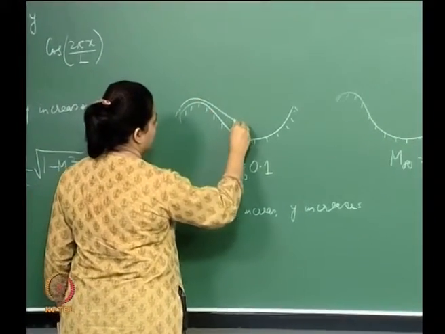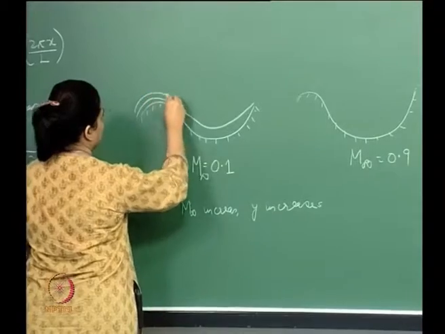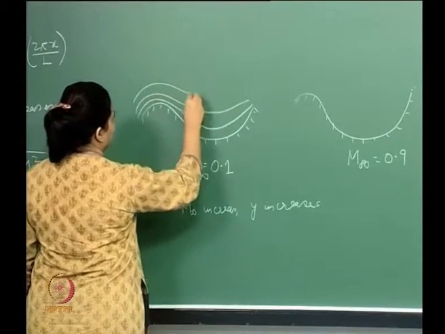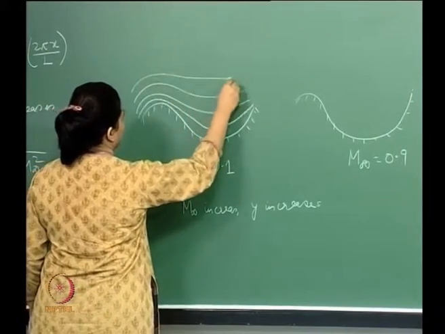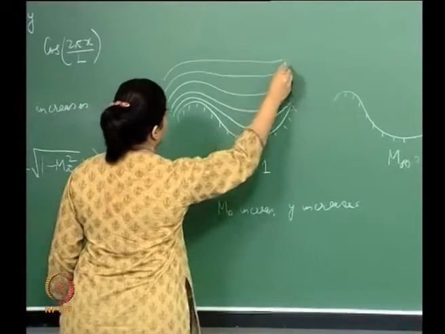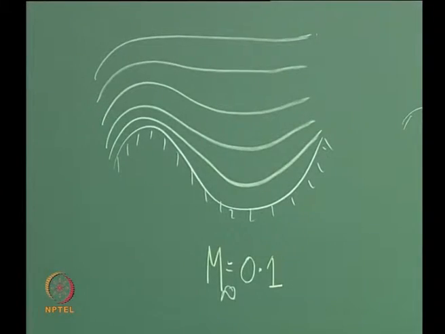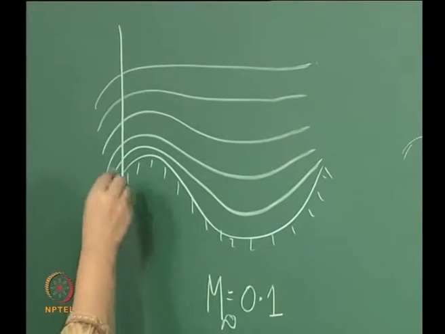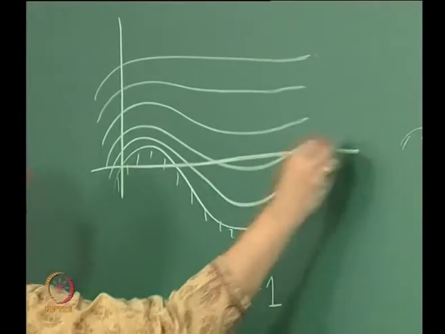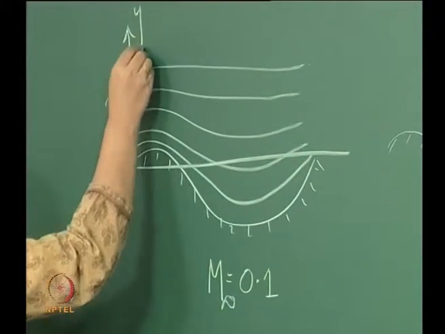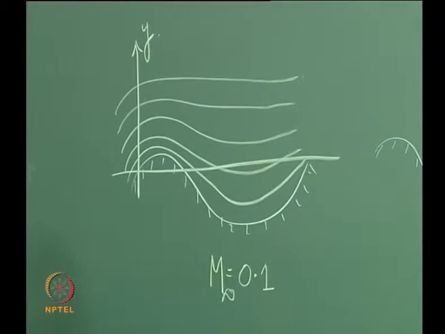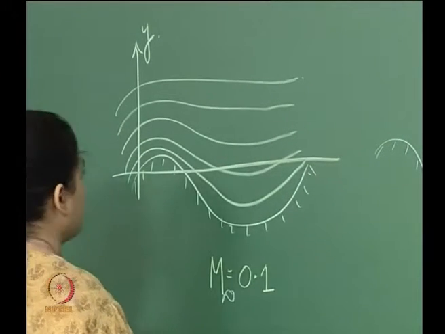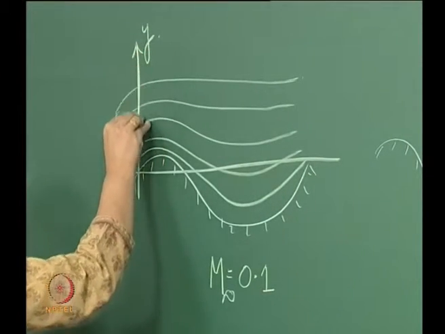So say it moves like that, moves like that, and so on and so forth, okay? So it goes up to a certain point, and after that it dies down. So you have a certain y distance over here.